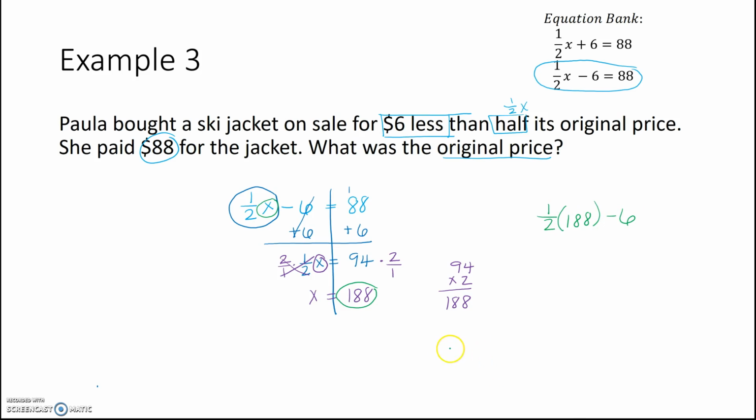So 188 divided by 2, 2 times 9 is 18, 0, 2 times 4 is 8, so I have 94 minus 6 equals 88. So it worked out right. We checked our answer. So the original price was $188.